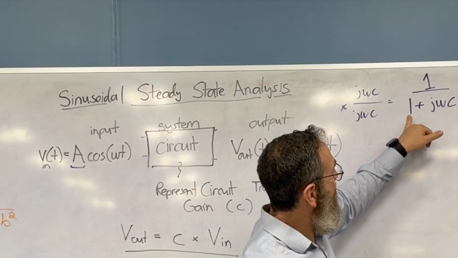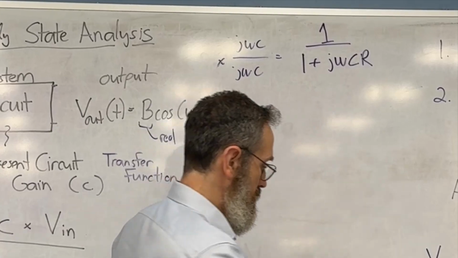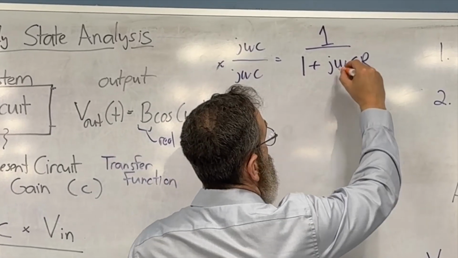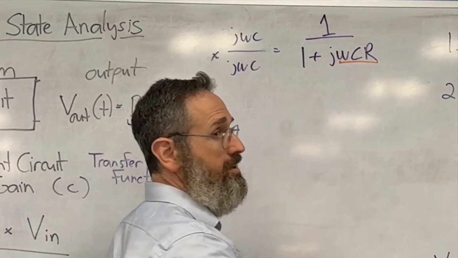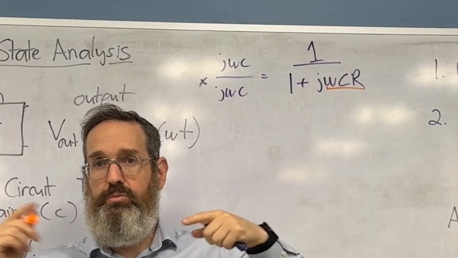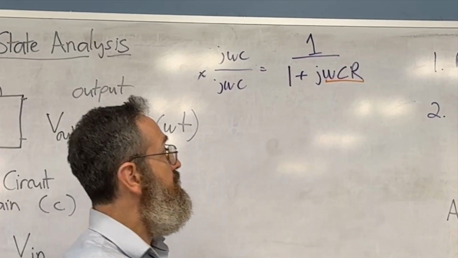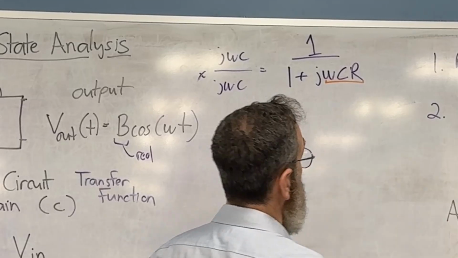Now you say, well, I have an A here, and I have a J times something here, but it's on the wrong side. It's the 1 over. So it's not in the form A plus BJ. It's in terms of 1 over A plus BJ. So at this point, I need to do an additional manipulation.